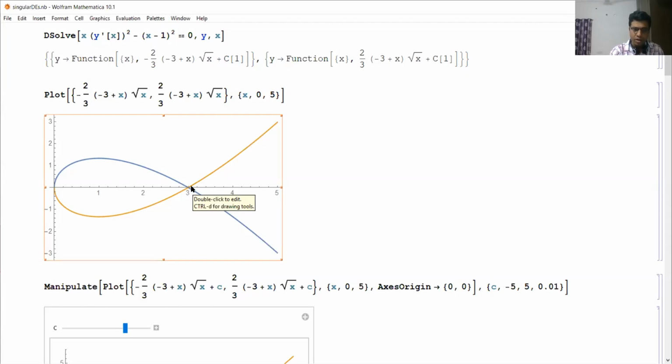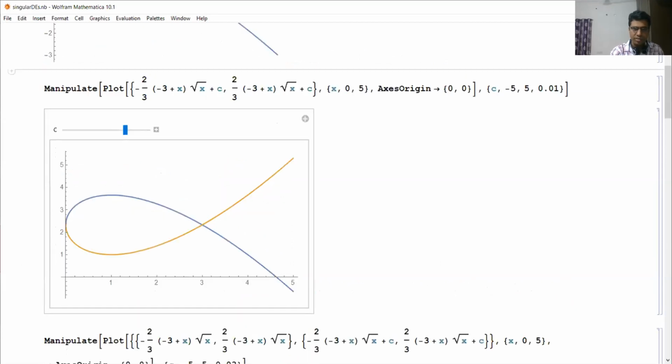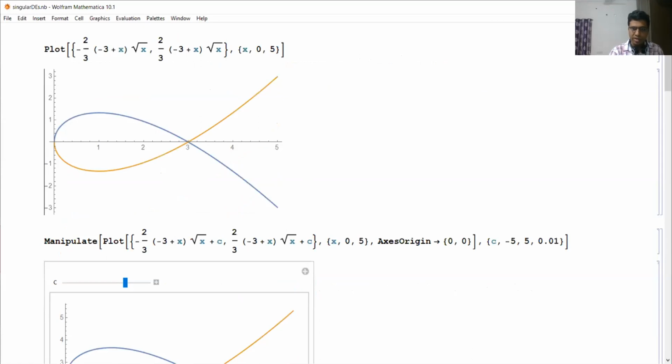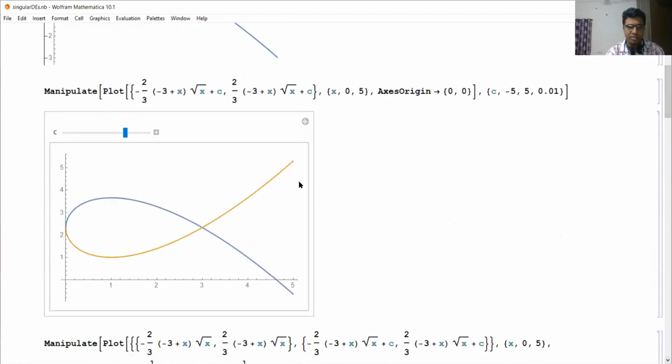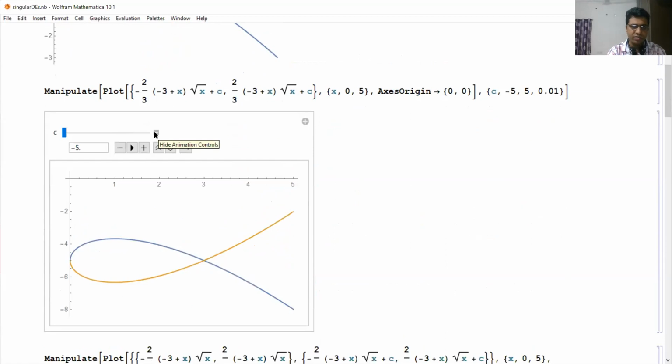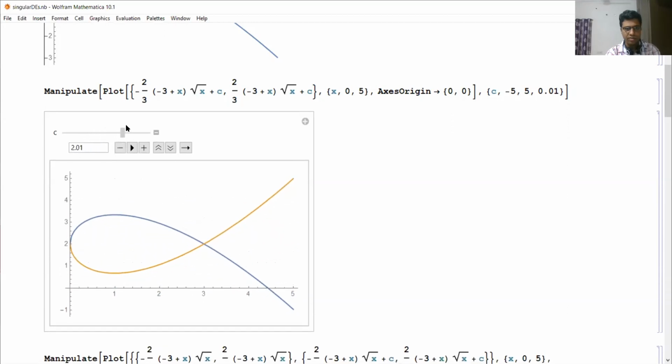Okay, now let us solve this for different values of c. Mathematica's Manipulate is very useful in analyzing such things. So what we do, we can have this graphical user interface where we sketch this solution curve for different values of c. Okay, so we have taken values of c from minus 5 to plus 5. If we drag this, then we can have this curve.